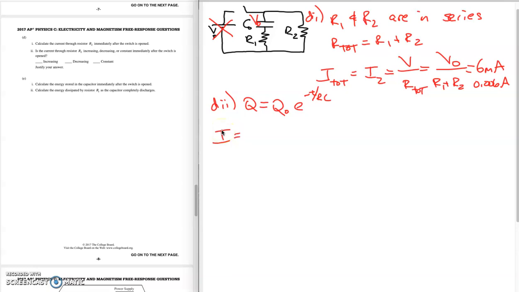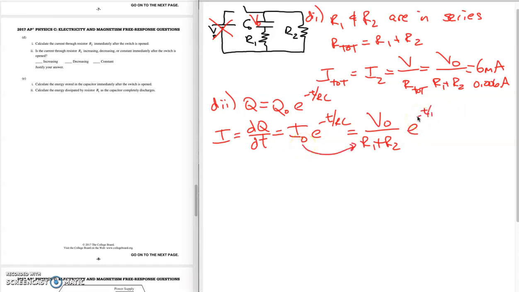Remember that current is the derivative of charge as a function of time. So if you take the derivative of an exponential decay, you get the same thing times a constant, and this constant is going to be V0 over R1 plus R2 for the initial current.